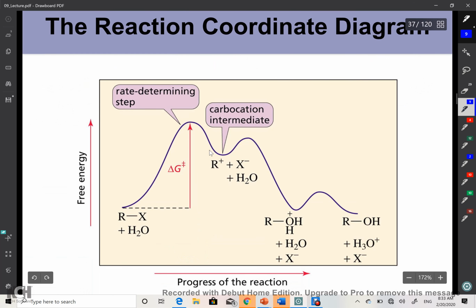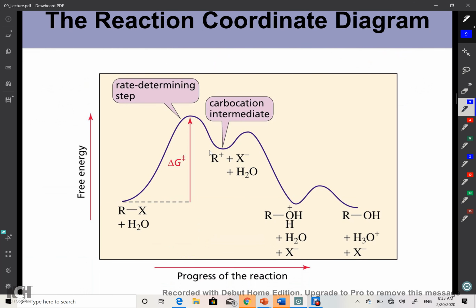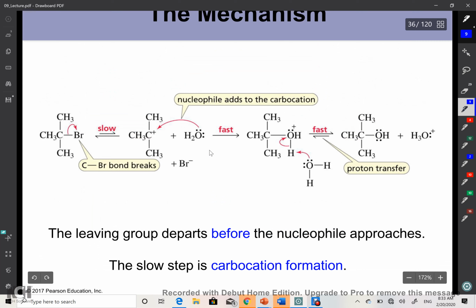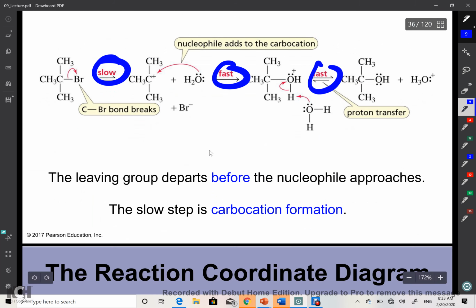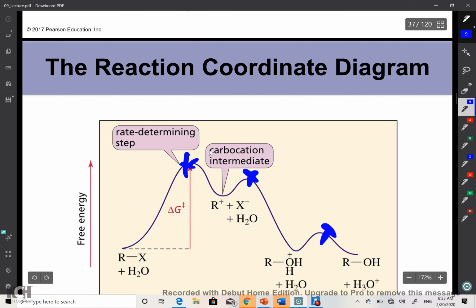So like I said, if I ask you to draw the reaction coordinate diagram for this reaction, I know that the reaction is a 3-step mechanism. We have 3 transition states, because I can see them here. And like I said, the first step, the formation of the carbocation, will have the highest activation energy.